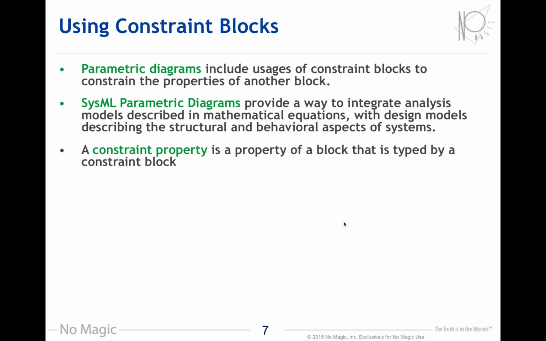It's called the parametric diagram, in which you can drop and use those constraint blocks and use special connections to constrain any properties of your system or subsystem, any deep level properties together. So basically you're building a network of constraints and constraining those properties.